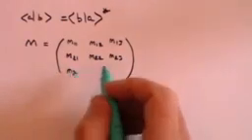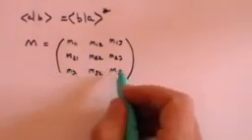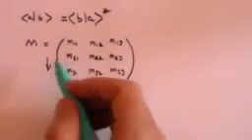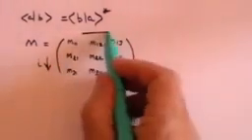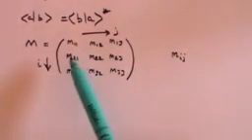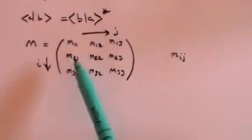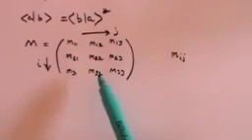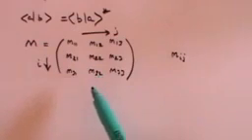And the third row M31, M32, M33. You'll notice that essentially I've got i rows and j columns, and each element can be written as Mij. So if you take this element here, it's the second row, first column, so it's M21. Take this element here, it's the third row, second column, M32.